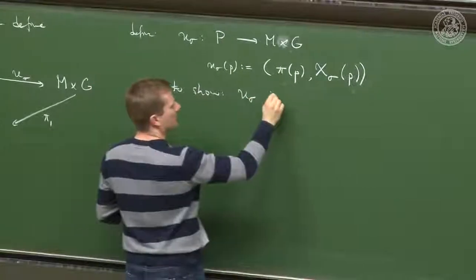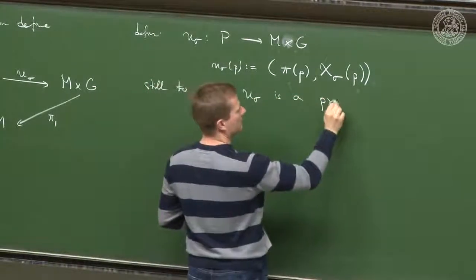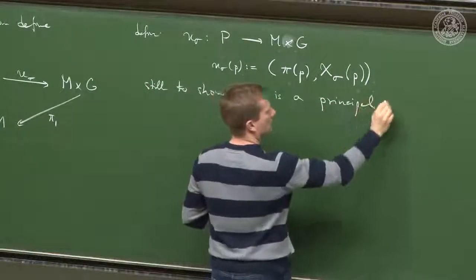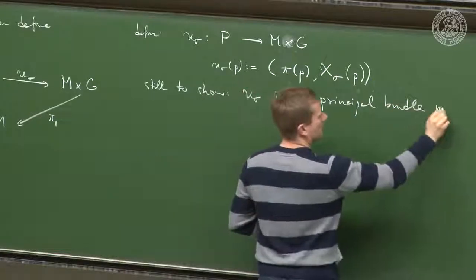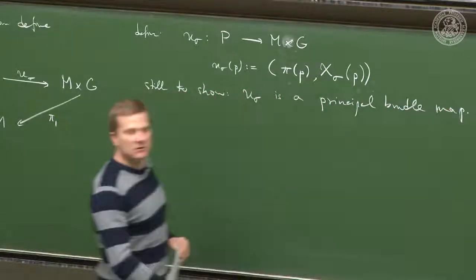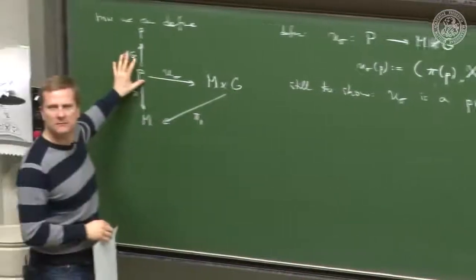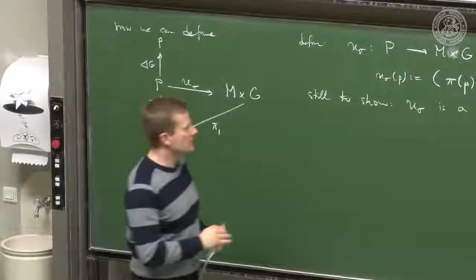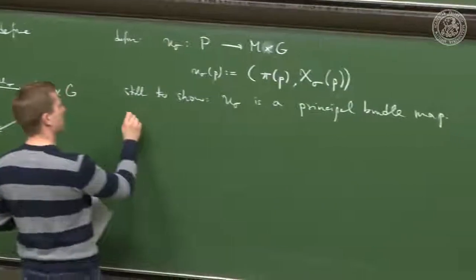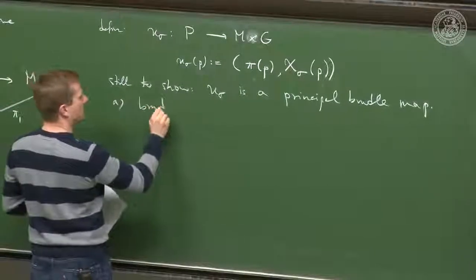U sigma is a principal bundle map. Because if it is, according to our little lemma, we established already the diffeomorphism, we established this is a trivial bundle. Okay? So is this a principal bundle map? So let's first check whether it's a bundle map.